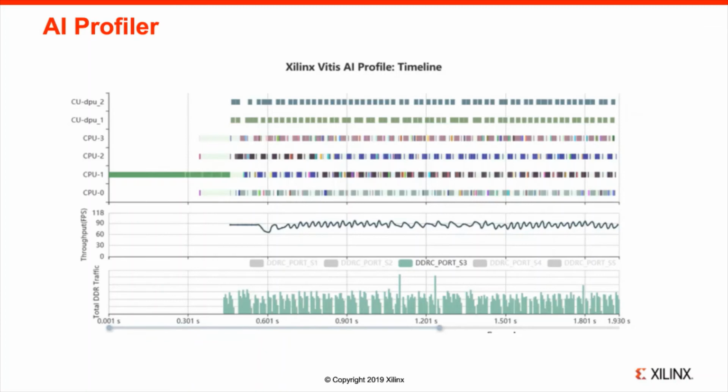Sometimes the bottleneck of a program doesn't happen at the computation stage, but at the transportation between the DDR and the processor. So the DDR traffic is observed as well, to help users have a general idea of how the program performed.